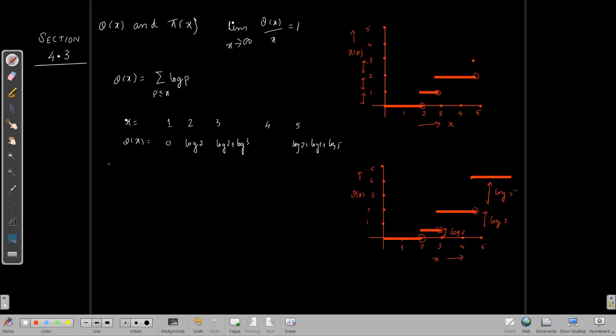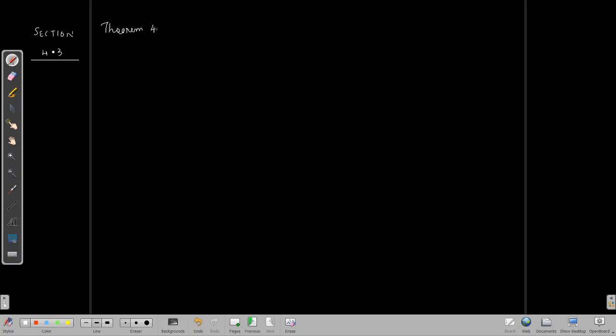These sums can be expressed as integrals using the following theorem, Abel's identity, theorem 4.2.